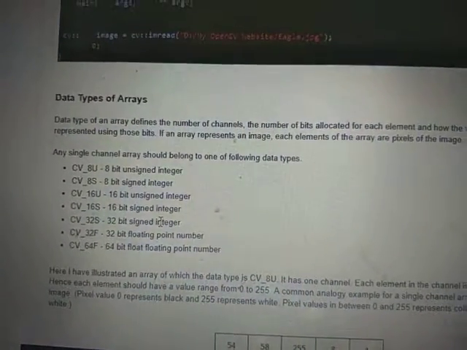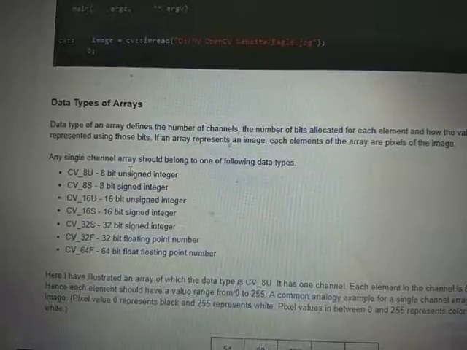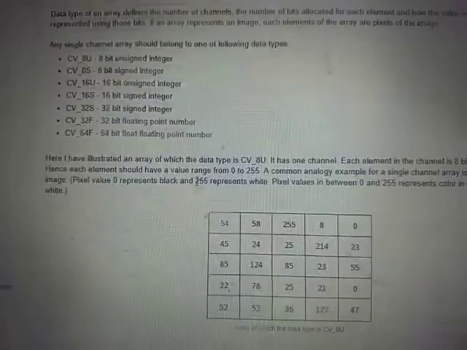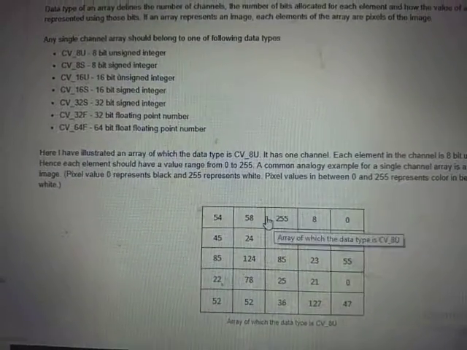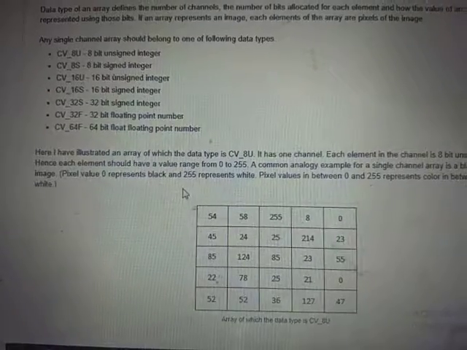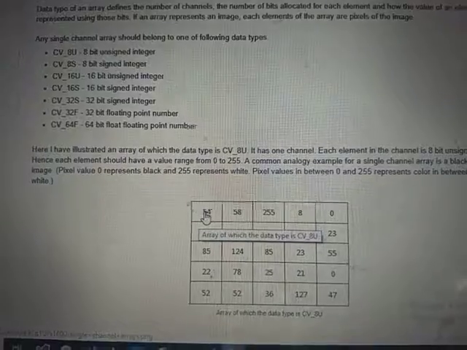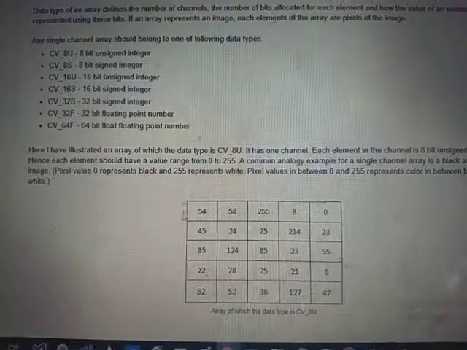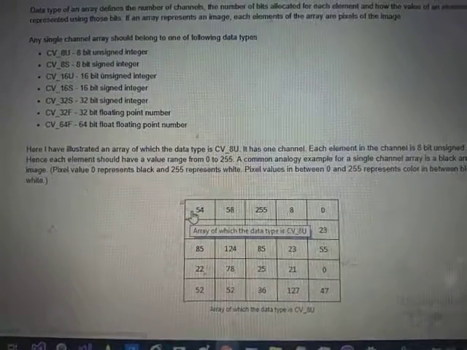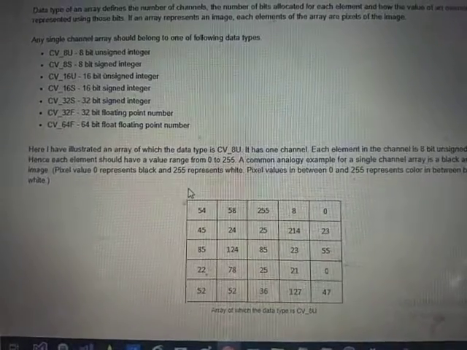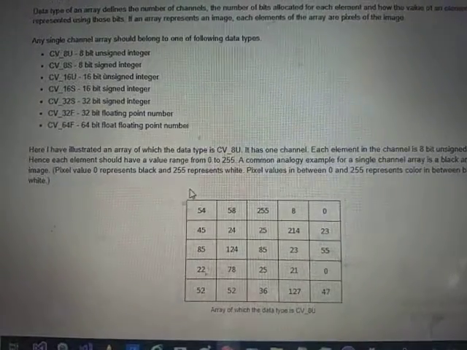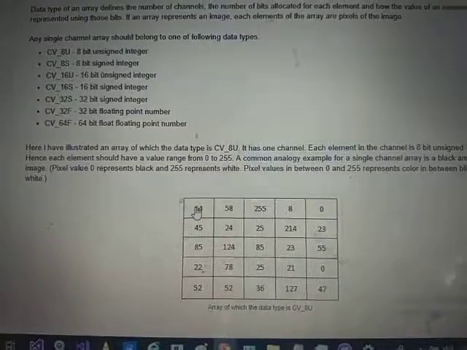Now, CV_8U is an 8-bit unsigned integer, and CV_8U is one channel. Each cell contains 8 bits, that means 0 to 255, so each pixel contains a value from 0 to 255.